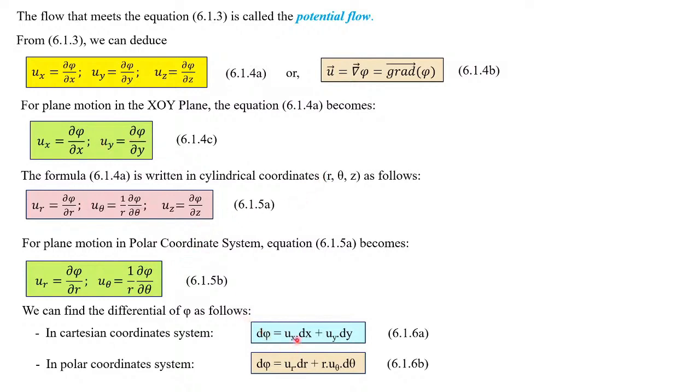Here you can use this equation. Ux known, uy known. Ux is equal u cos alpha, uy equal u sin alpha. You put here and you take the integral, you get phi.